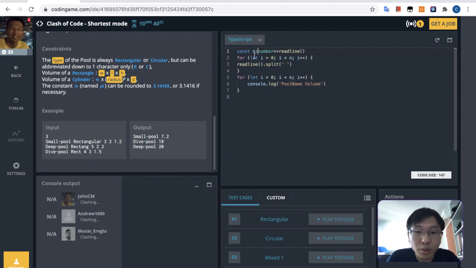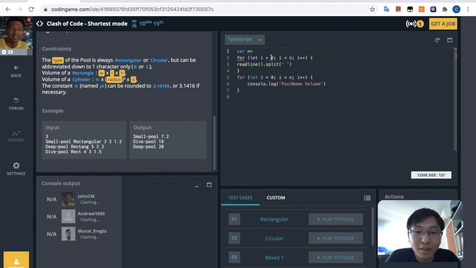Why do we need to do it in this format? Constant n equals readline. Why can't we just do a var, I guess. So frustrating, so much redundant code here.